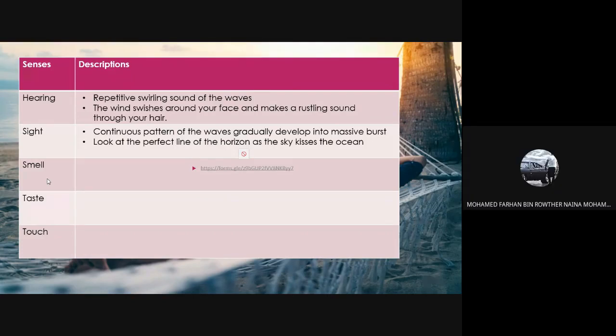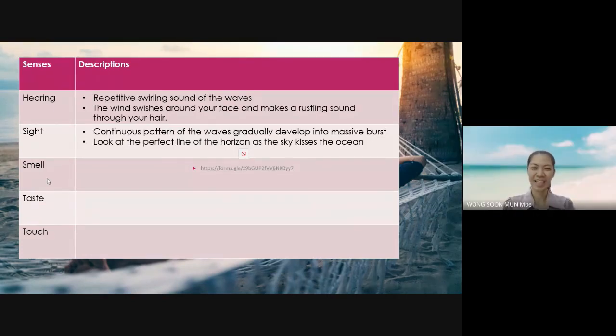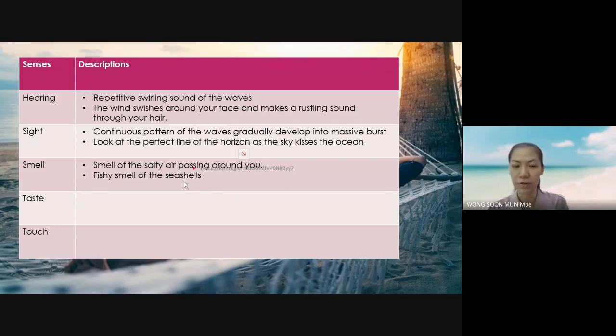Okay, the smell of the salty air. Even the air smells salty passing around you. The fishy smell of the seashells, right? Oh, Hakimi just answered salty. Yeah, you smell the salty smell of the water, right?